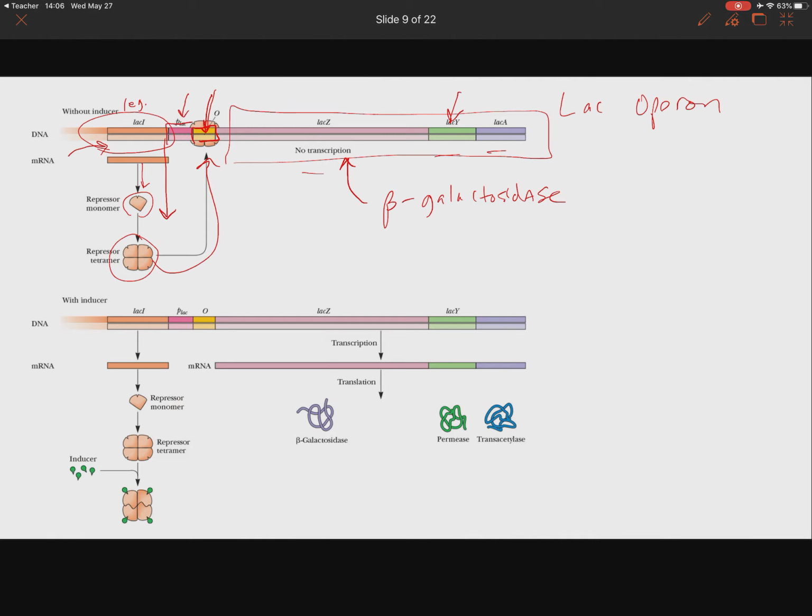So this must be the promoter site right here. This is the promoter region. So because of that regulatory protein on the operator, we can't get DNA binding. The operator and the promoter together form the control site, and the control site is basically a way of modulating the production of the protein.